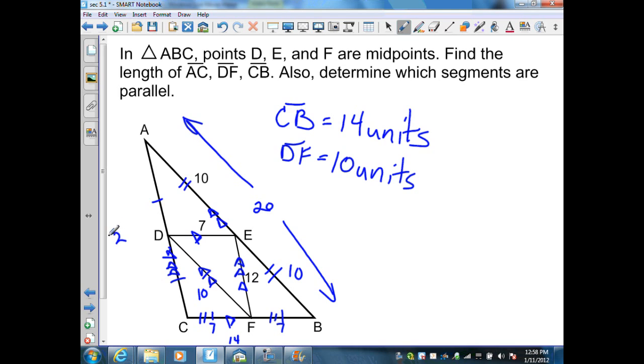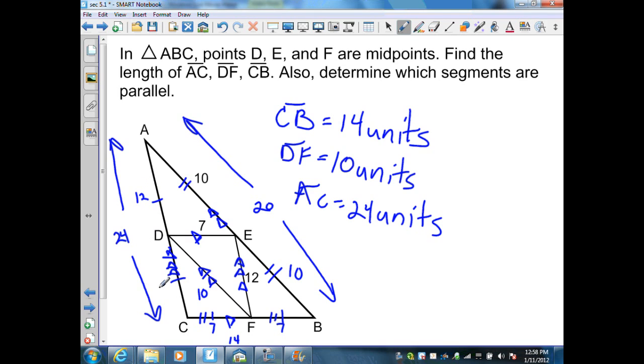Therefore, this must be 24 units long for segment AC, which is another side we needed to determine. Segment AC is 24 units long. Also, since D is a midpoint, that makes each segment here, AD and DC, 12 units.